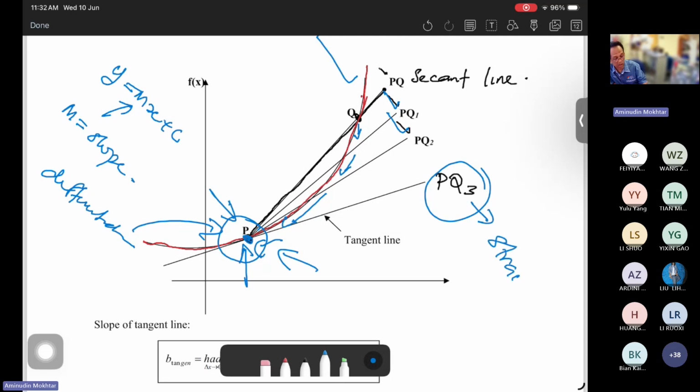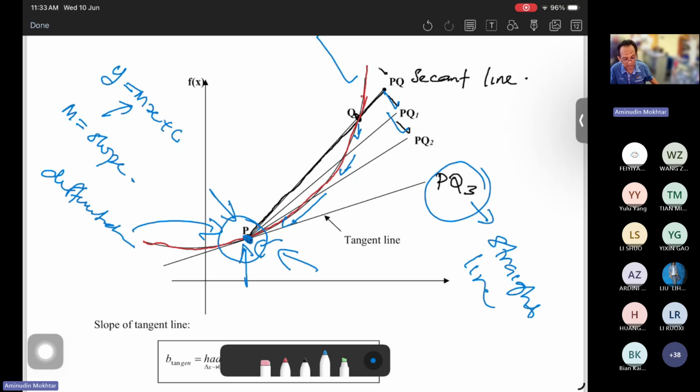There must be a straight line. And then this straight line touches or tangents the curve at a point, for example, point P, and has the same slope as the curve at that point.